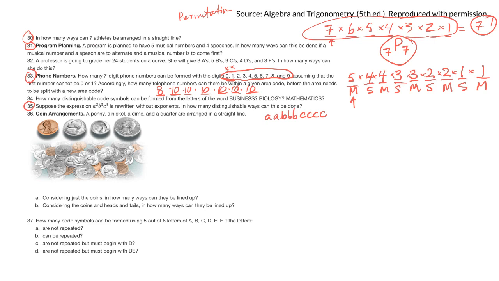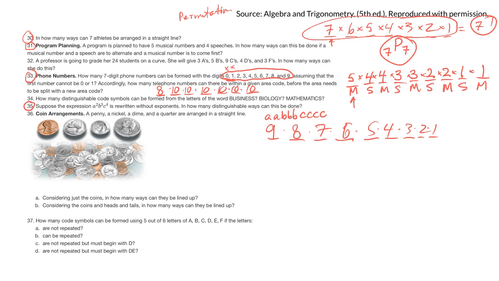To start with, there are 9 things. How many things could I put in the first spot? 9. But if I use 1, then there's only 8 left for the next one. And then 7, 6, 5, 4, 3, 2, 1. So multiply all that together.